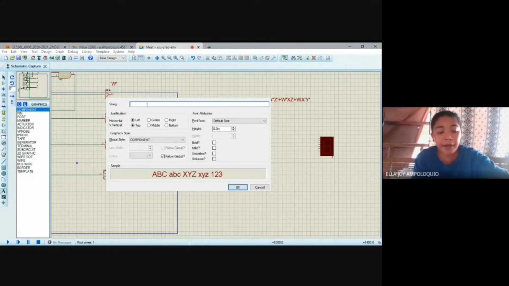So for B, we have B is equal to W prime plus W prime X prime plus X prime Y prime plus W prime Y prime and Z prime plus W prime Y and Z.